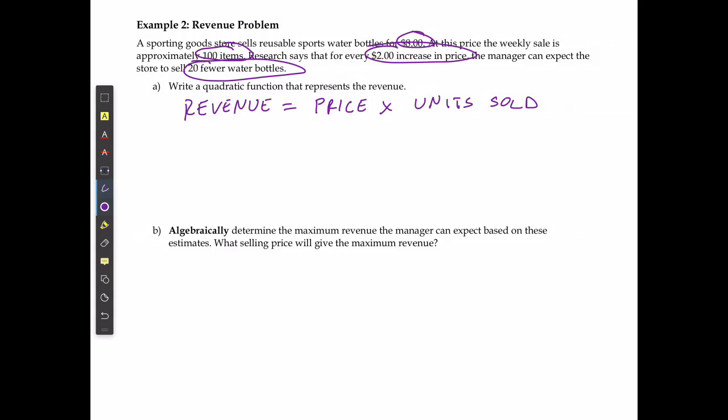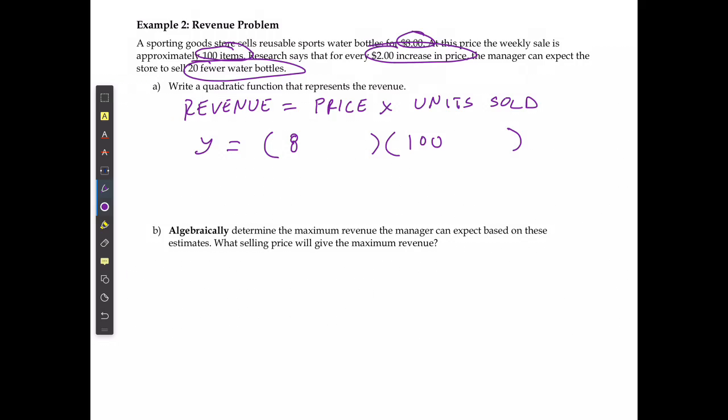In this case, we can say that Y can be our revenue, and we started by selling them at $8 each, and at that point we sold 100 of them. We're going to think of our X value as the number of changes that are taking place.